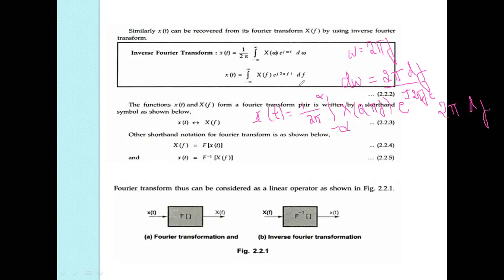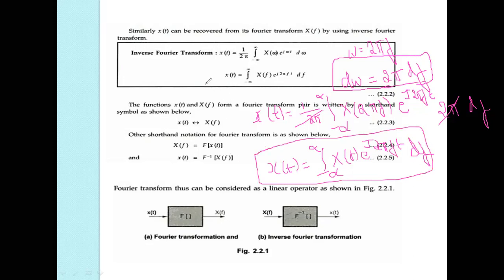I substituted d omega as 2 pi into df. So here the 2 pi is there and here the 2 pi gets cancelled. x of t becomes the integral from minus infinity to infinity of X of 2 pi f, the shortcut notation being X of f, e power j 2 pi f t df.